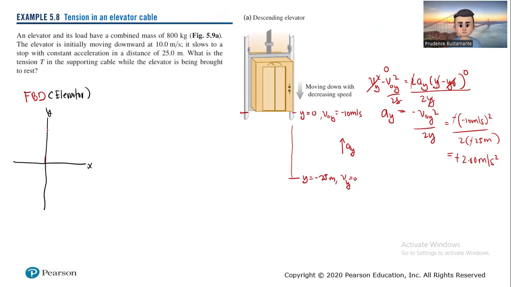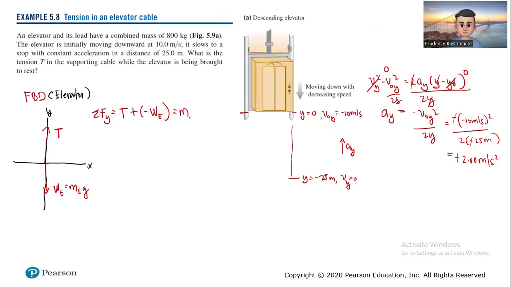We have the tension from the cable, and we have the weight of the elevator, which is equal to the mass of the elevator times g. From the summation of all the forces along y, this is equal to the tension plus the negative of the weight of the elevator. This is accelerating.